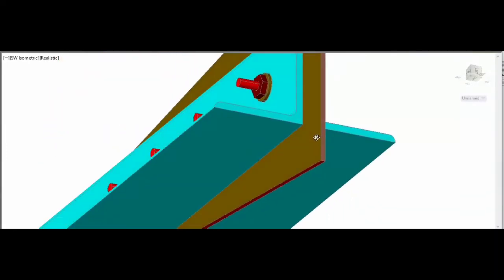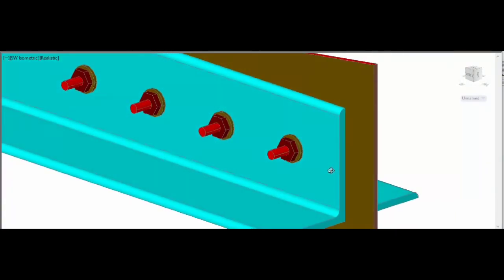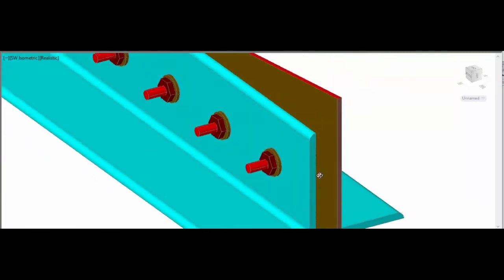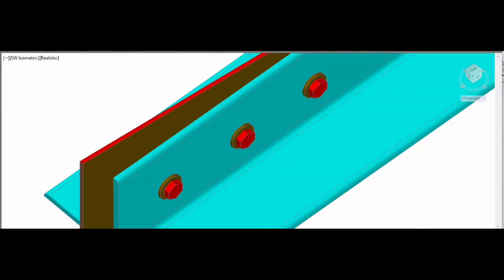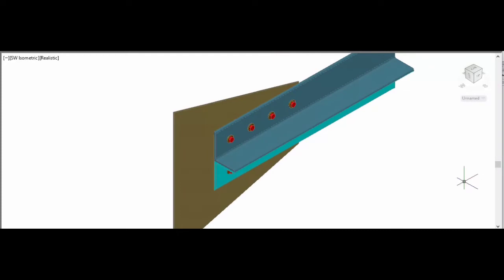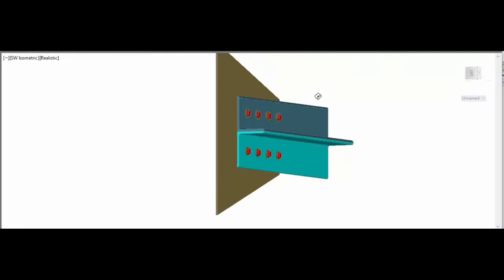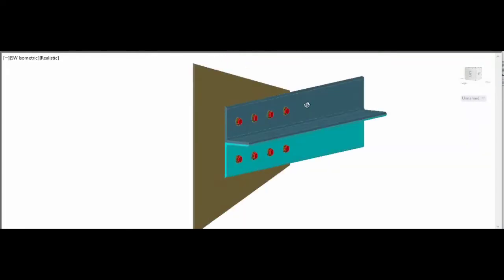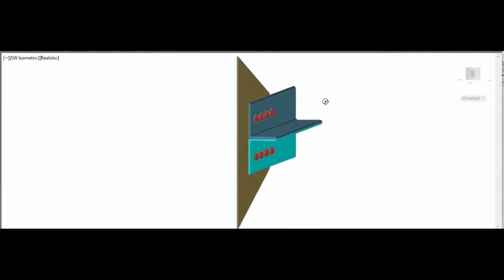You can have a look like this, right? And sometimes you can have the sections joined together on the same side of the gusset plate like this. This is two angles joined together on the same side of the gusset plate.